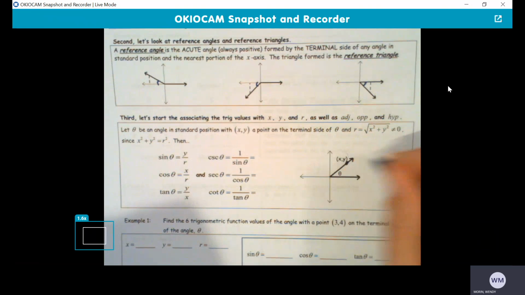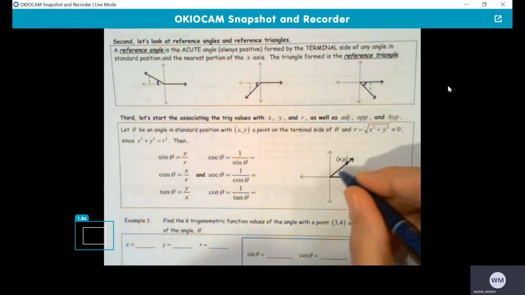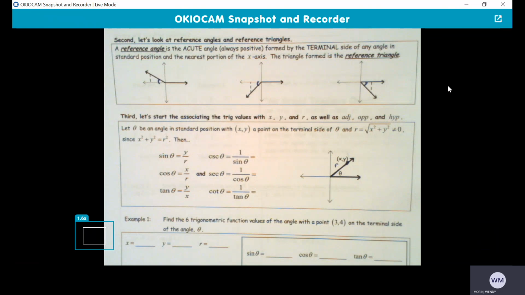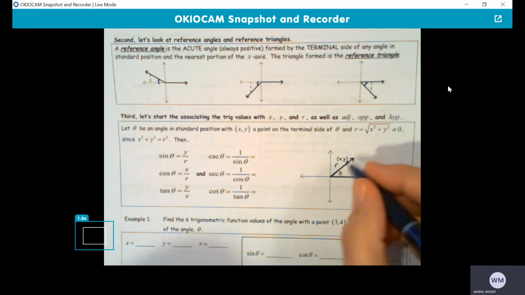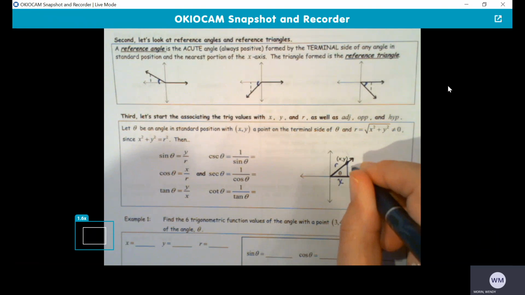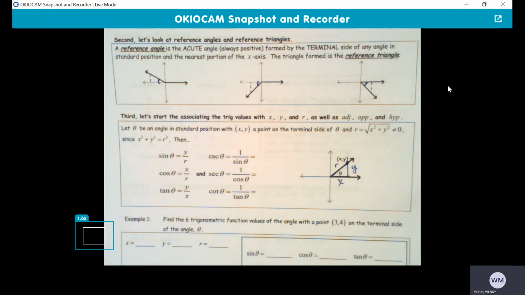So let's just say this is a point on the circle. This is the radius, r. So this is your x distance, and this is your y distance. So instead of using SOHCAHTOA, another way that the trig functions are taught is by memorizing the ratios with the x's, the y's, and the r's.